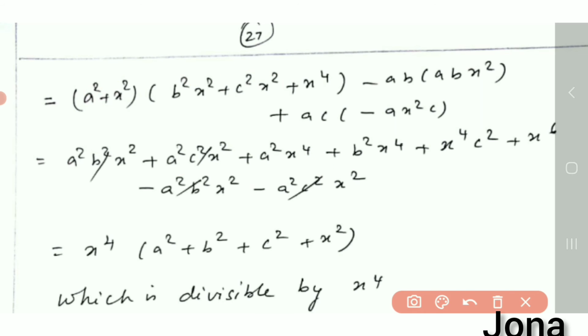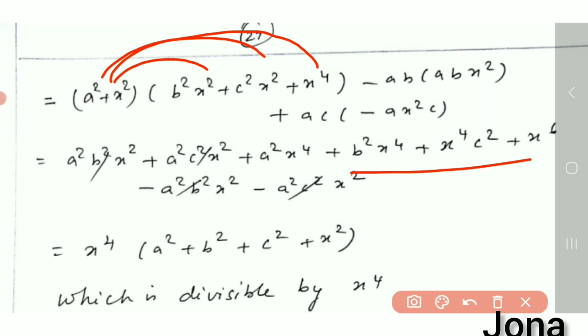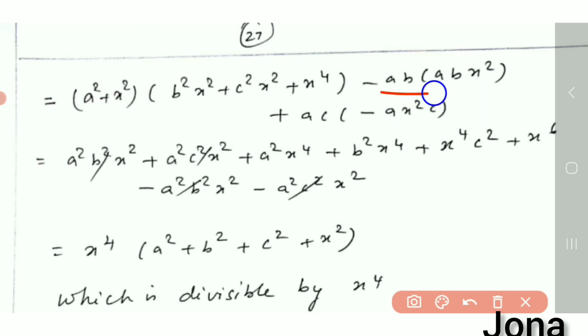Then if you multiply with x square, x power 4 b square, here x power 4 c square, here x power 6. So we had these three terms there, and then again we want to multiply these two. It will be minus a square b square x square, and then minus a square c square x square.